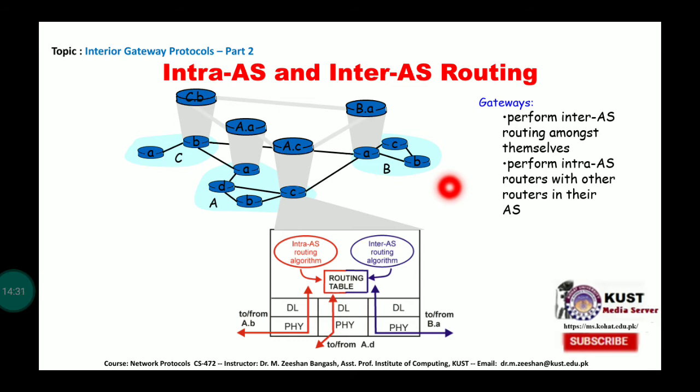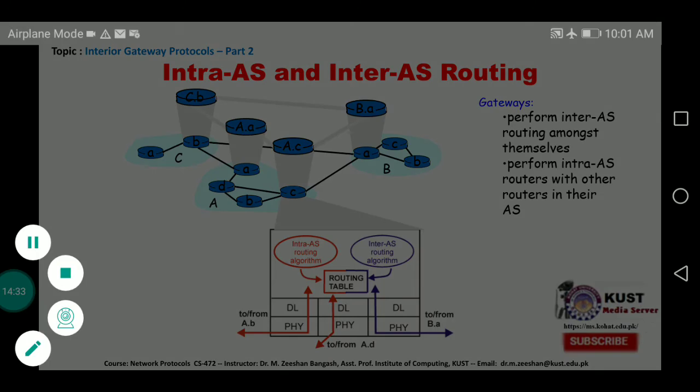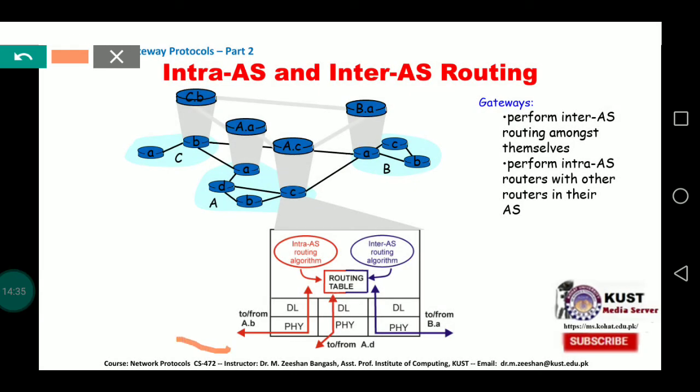The data is received by the physical layer, then it is transferred to the data link layer for processing, and then onwards it is transferred to the third layer, which is the network layer, on which different routing protocols like RIP, OSPF, or in case of gateway protocol, the Border Gateway Protocol, executes and processes that data.